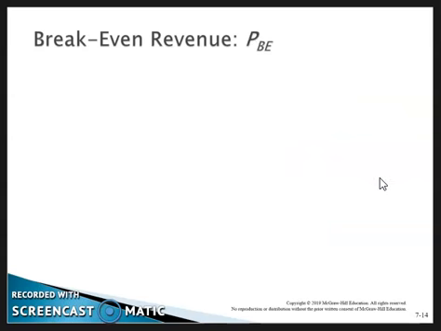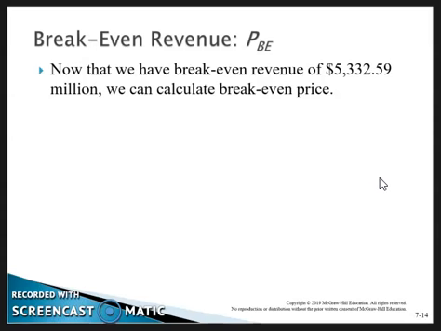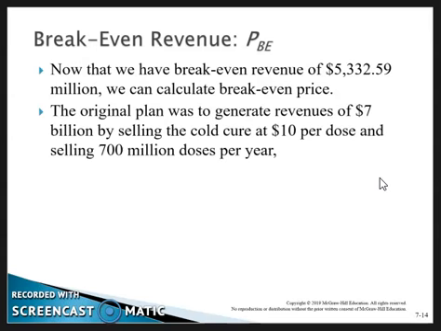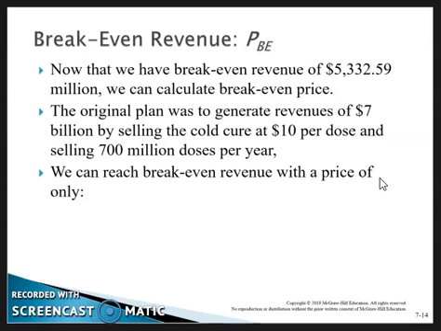So now that we have a break-even revenue, we can calculate the break-even price. The original plan was to generate revenues of $7 billion, selling at $10 per dose, selling 700 million doses per year.